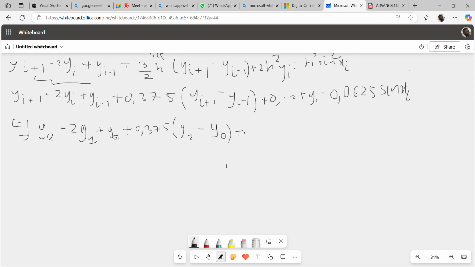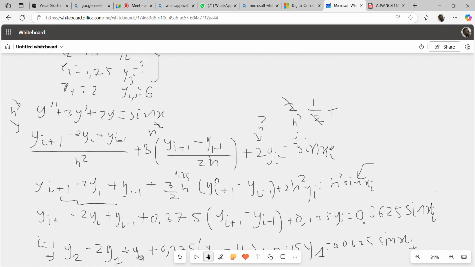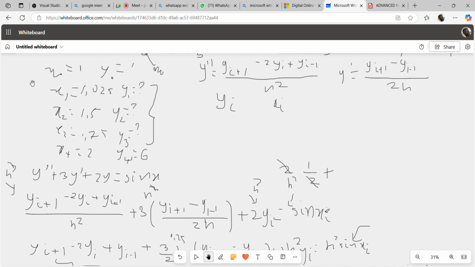You move again, plus 0.125. Where there is i, we substitute by 1 in this case. Now we have 0.0625 sine, remember, this is xi. So we're going to have x1. But if you remember, my good guys, we know that the value of x1 is given. We found it in the beginning.